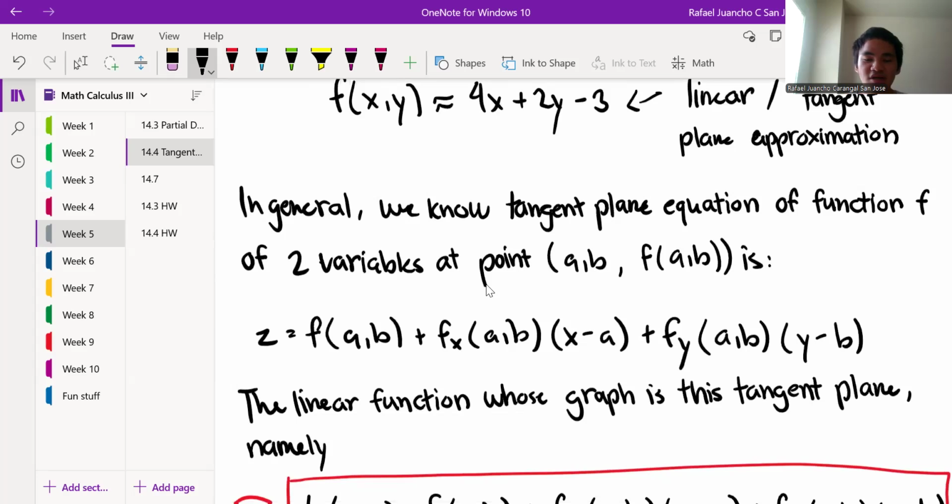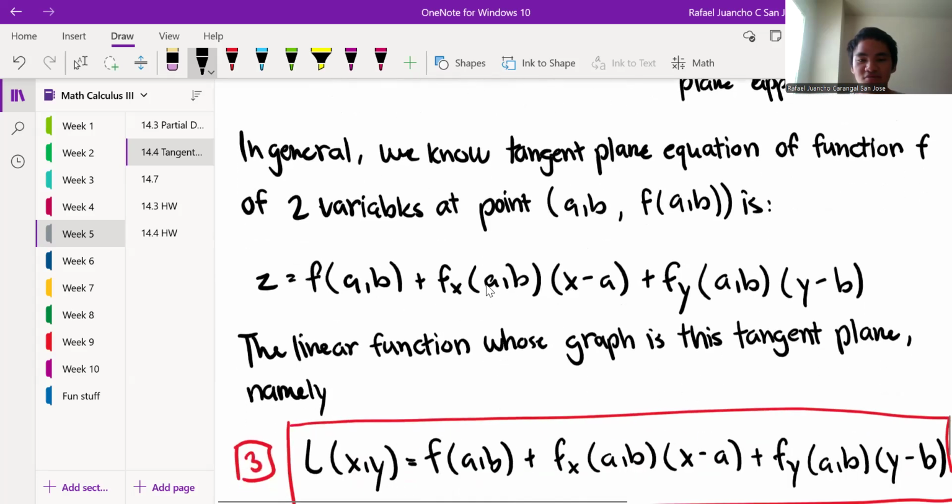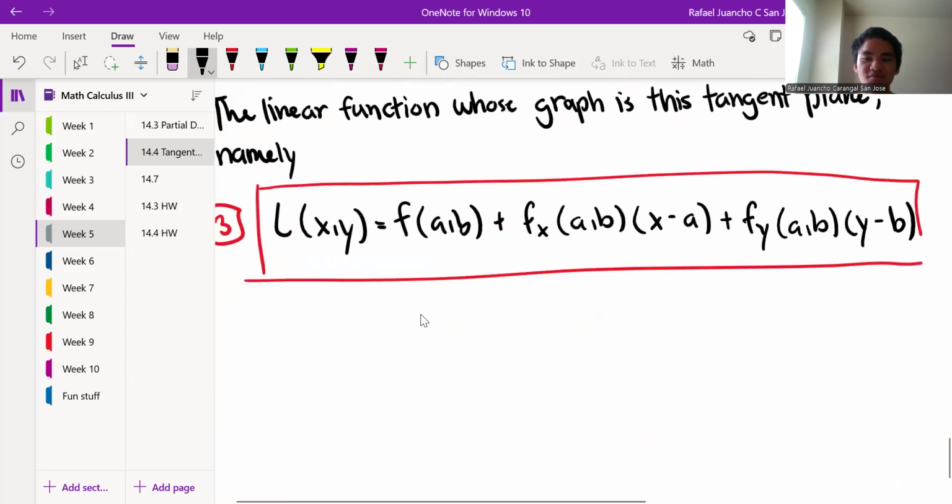And so we did a general idea here where our output is z, which is equal to my function at A, B. And this will give me two things to consider, or two lines. And there we have it. That's the formula.